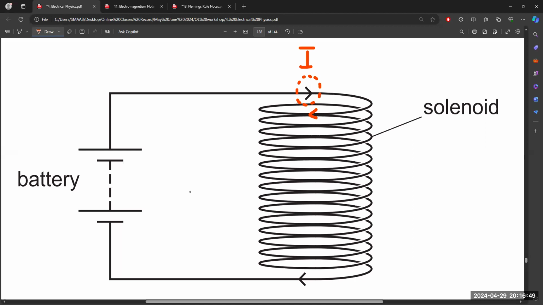So what will be the direction of the north pole, or how do we identify the direction of the magnetic field from this diagram? North will be upward or downward.